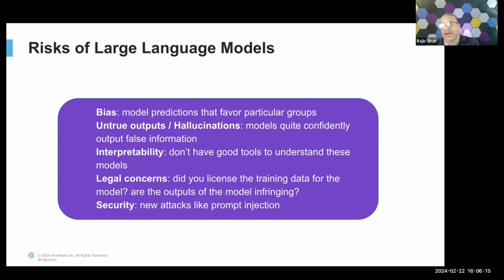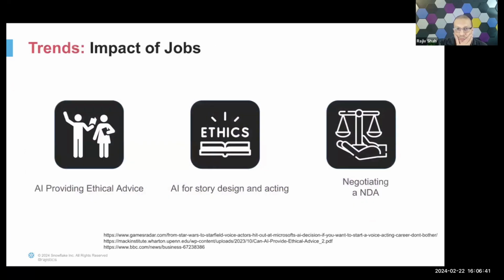Once the data comes out of these models, is it copyrighted data? There's an article today about the plagiarism that's coming out of these models. There's also a whole new realm of security attacks with these models, like prompt injection attacks and red teaming, a whole set of vocabulary, because these models create new information. Yes, they're similar to our old-fashioned models, but they also have some new risks as well.